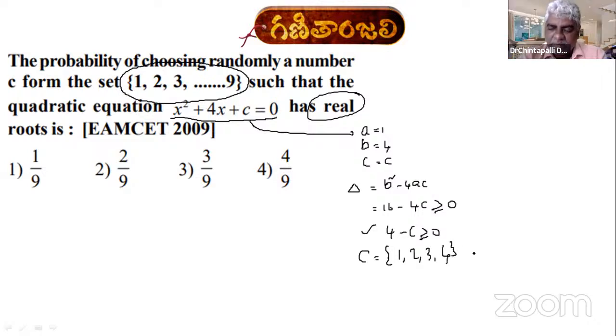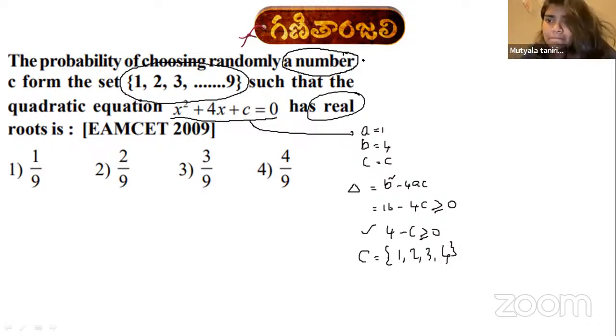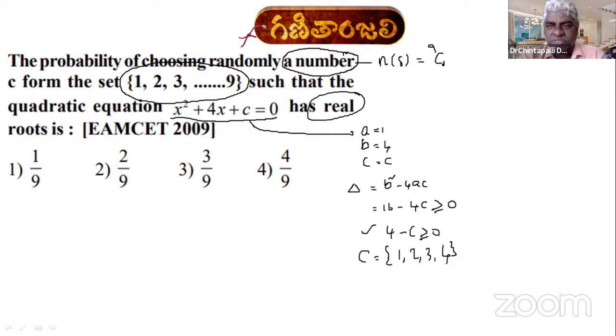So in case of probability, see the probability of choosing randomly a number C from the set such that the quadratic equation has real roots. Choosing randomly a number means one number is chosen. That's why n of S, out of 9 numbers one number is chosen, is equal to 9.